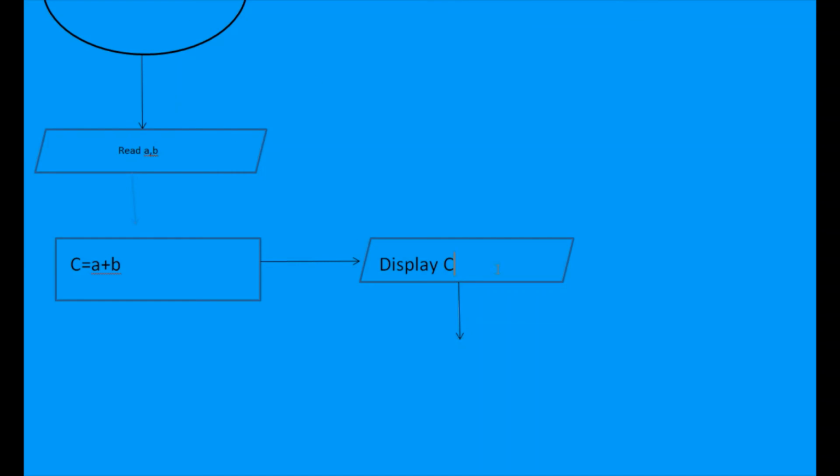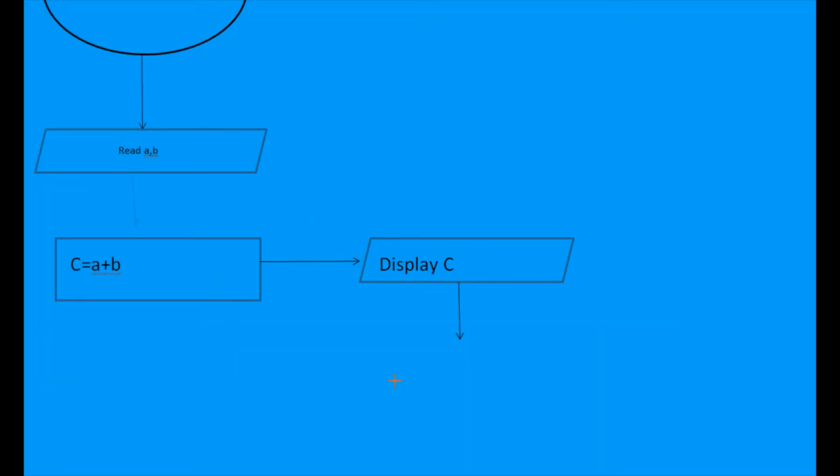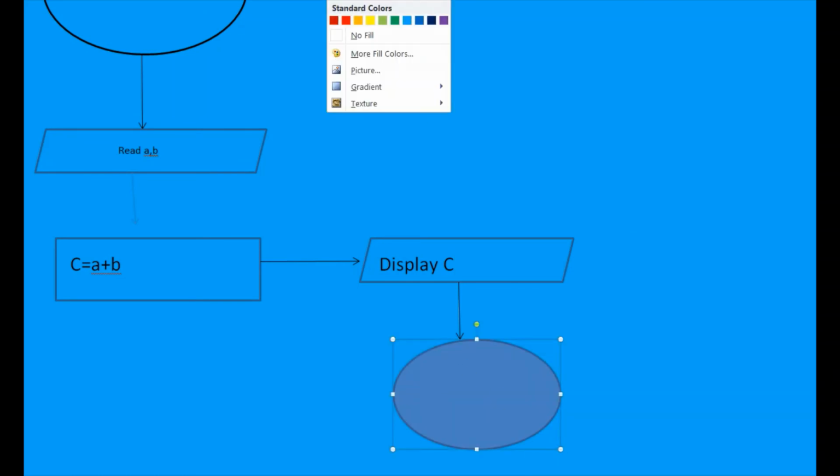So here I will input one more, that is a circle which will give you the end one. Save fill, I will give no fill.